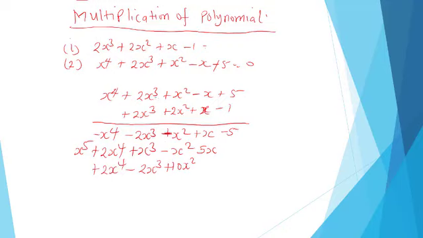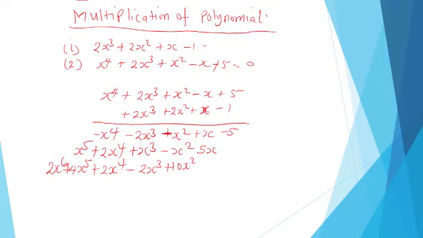Then this times this will give you 2x^5, which is a plus sign, plus 4x^5. Then this times this will give you 2x^6. Now you perform for the last one.